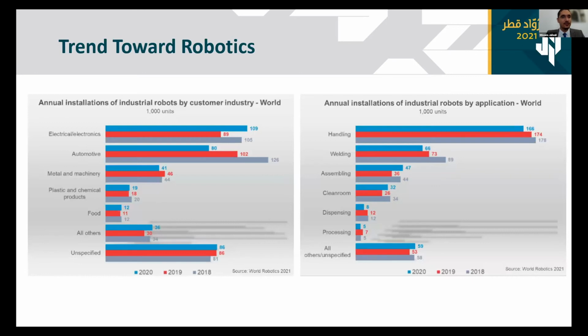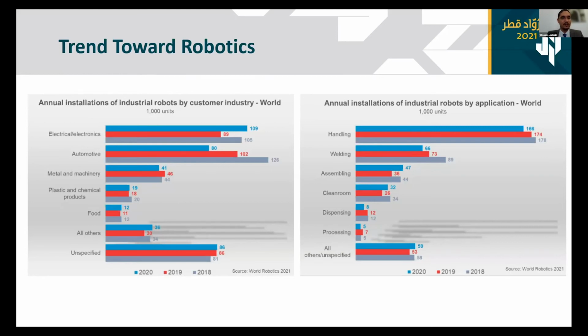In this graph, we see the annual installation of industrial robots by customer industry. The one on the left shows which industries adopted robotics the most. We can distinguish three main industries that are heavily automated: electrical and electronics, automotive, and metal and machinery.